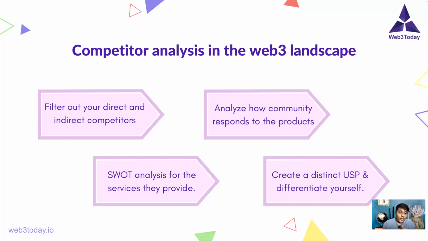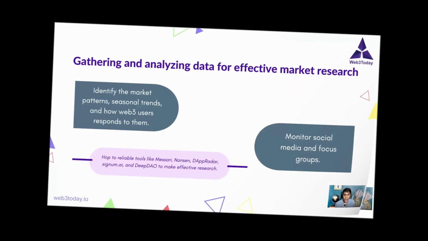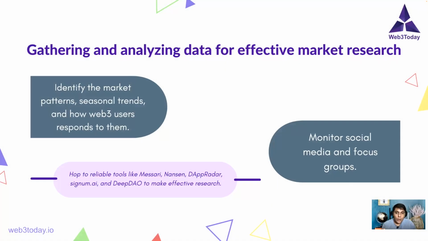And your USP and your differentiating factor, you need to always keep on building, because this landscape changes very fast, right? You need to find a very distinctive USP, and that can only be determined if your values are communicated right. Because when we talk about Web3 being an open source community, Web3 is also driven a lot by the face of the companies who are founders.